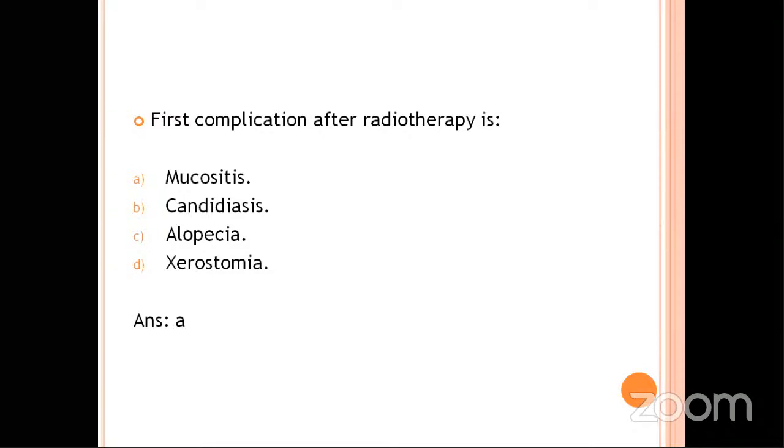Alopecia is loss of hair; the loss of hair in case of radiation and chemotherapy is called epilation. Xerostomia is subjective dryness of the oral mucosa. It is different for each person, like pain, you can't measure it. So the first complication after radiotherapy is mucositis.